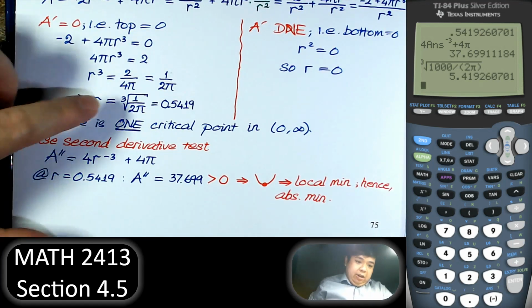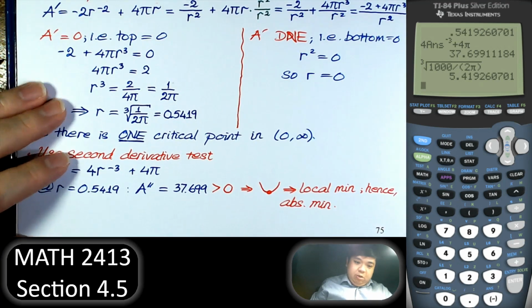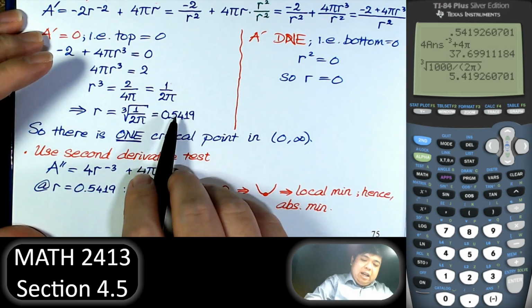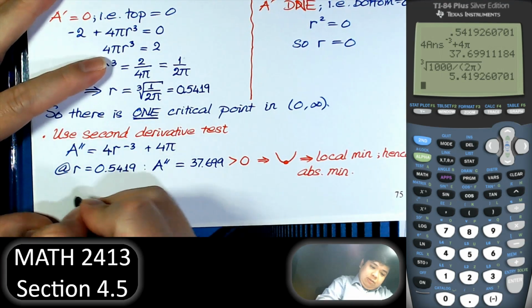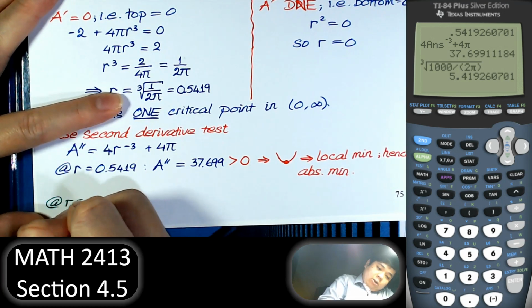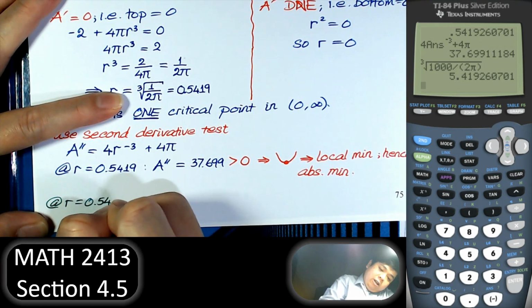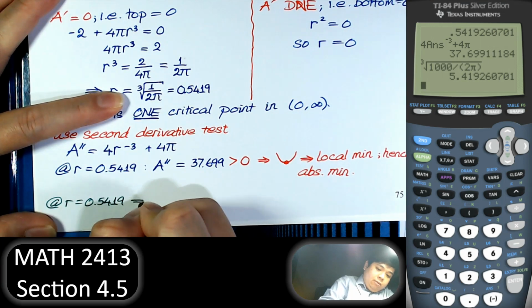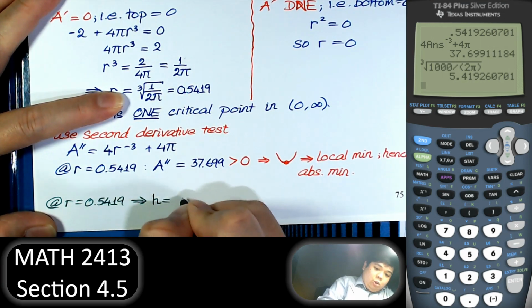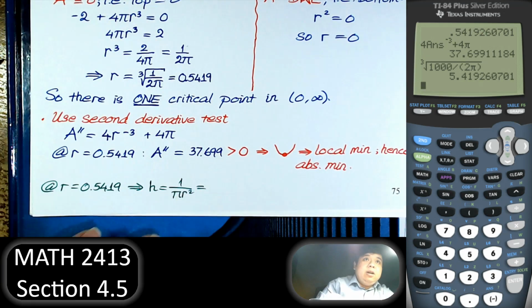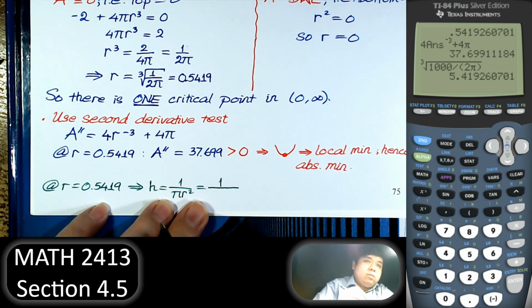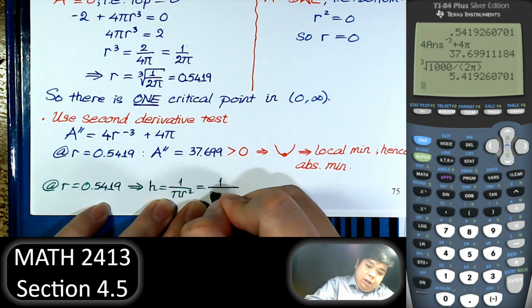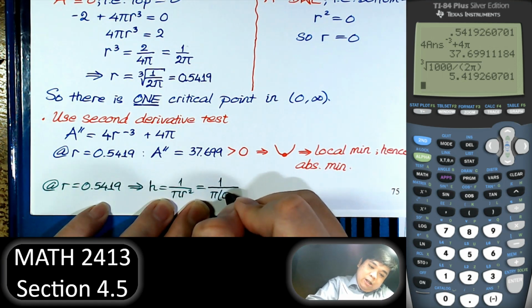We do have r equal to that, right? 0.5 something, right? Let's put it back in here and find h. At r equal to 0.5419, h is equal to 1 over pi r squared. So we have 1 over pi times that number squared.